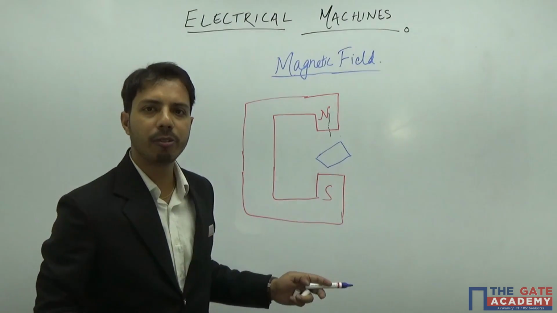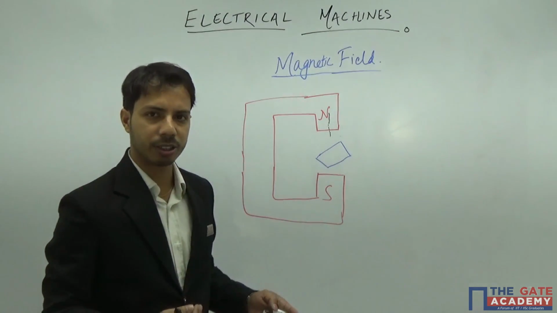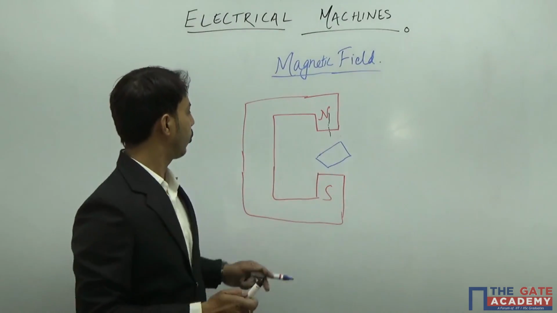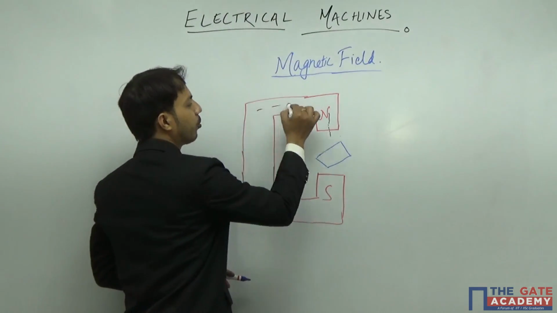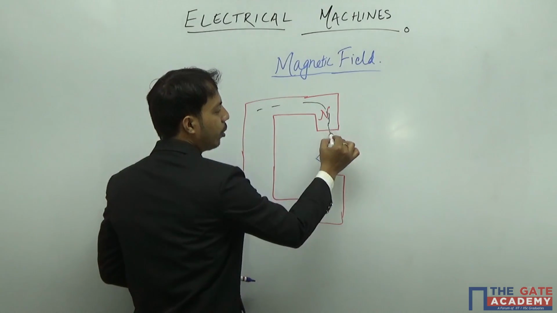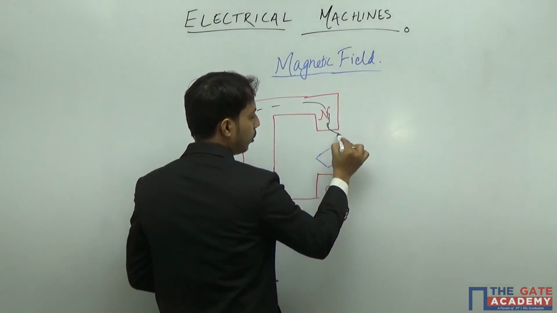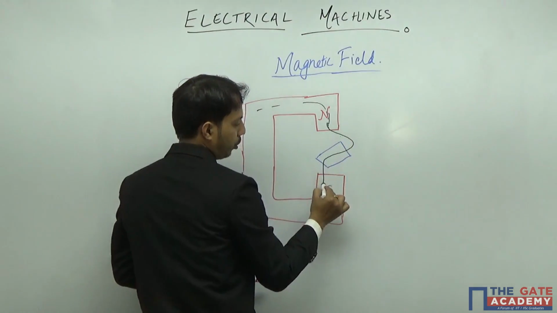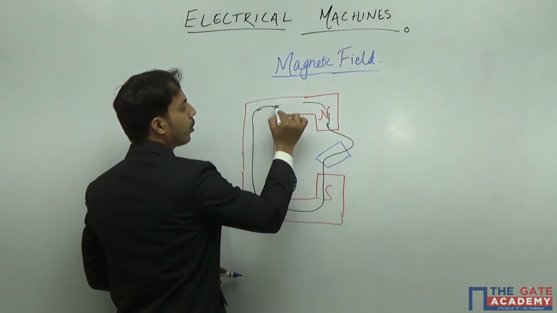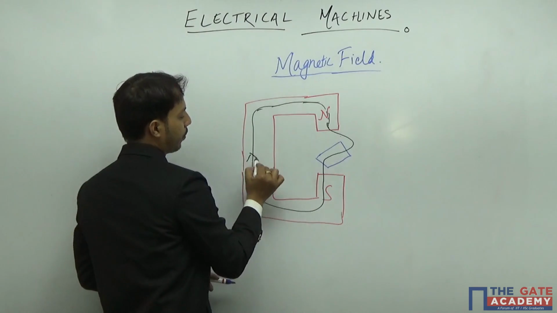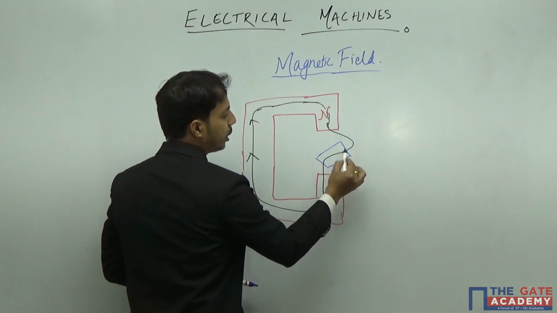Now iron definitely will have less reluctance. So this flux will try to go through the minimum reluctance path, that means through this path, right? It will try to go through this path.